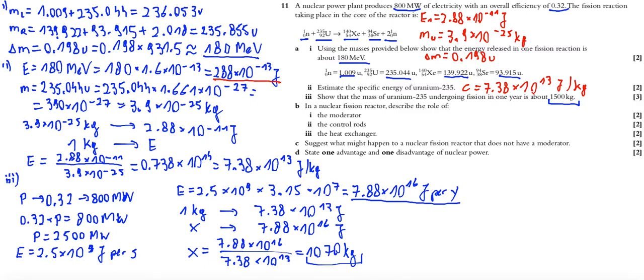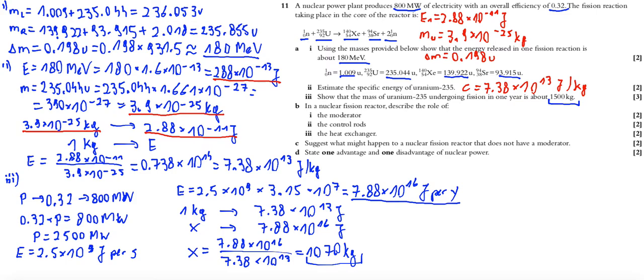Okay, mass of uranium 1.661 times 10 to the power of minus 27, 235 times, that is 3.9 times 10 to the power of minus 25. It looks correct. And again, one uranium atom, so mass 3.9 times 10 to the power of minus 25, releases this amount of energy, 2.88 times 10 to the power of minus 11, yes, looks good.